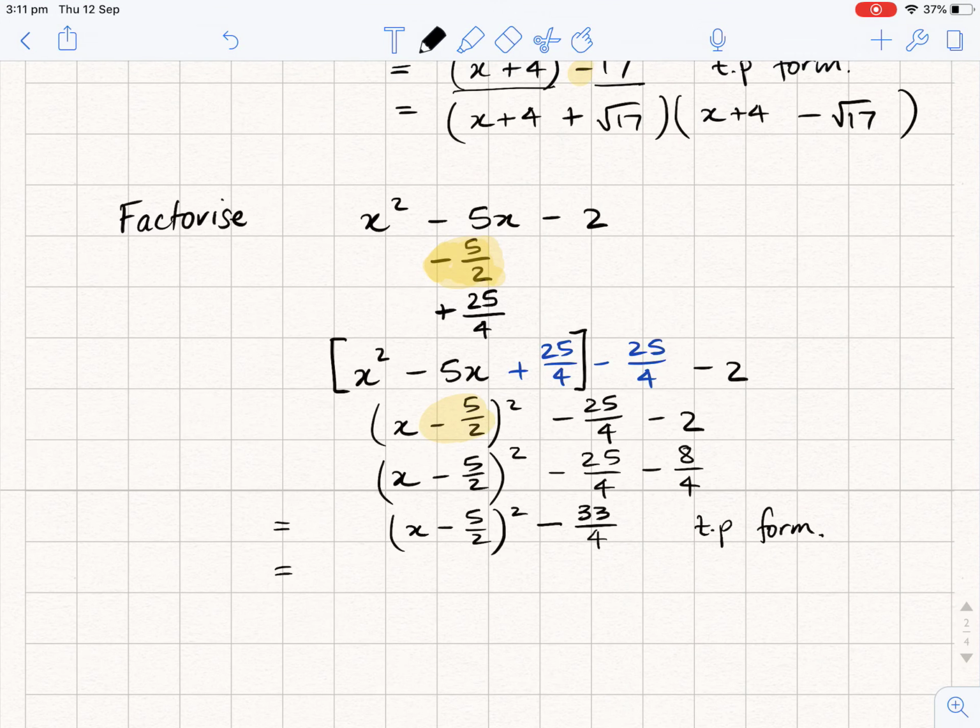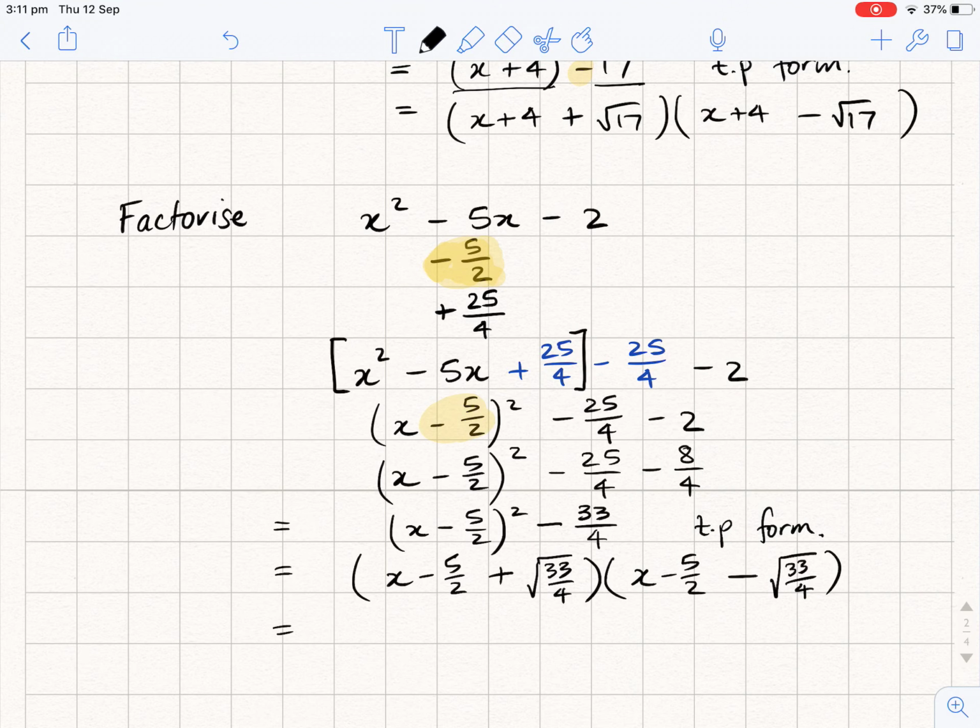If I want to go further, I can do DOPS, difference of perfect squares. So I have two brackets, one with a plus, one with a minus. The first term goes in front of each of those symbols, and then the square root of the second one goes after it.